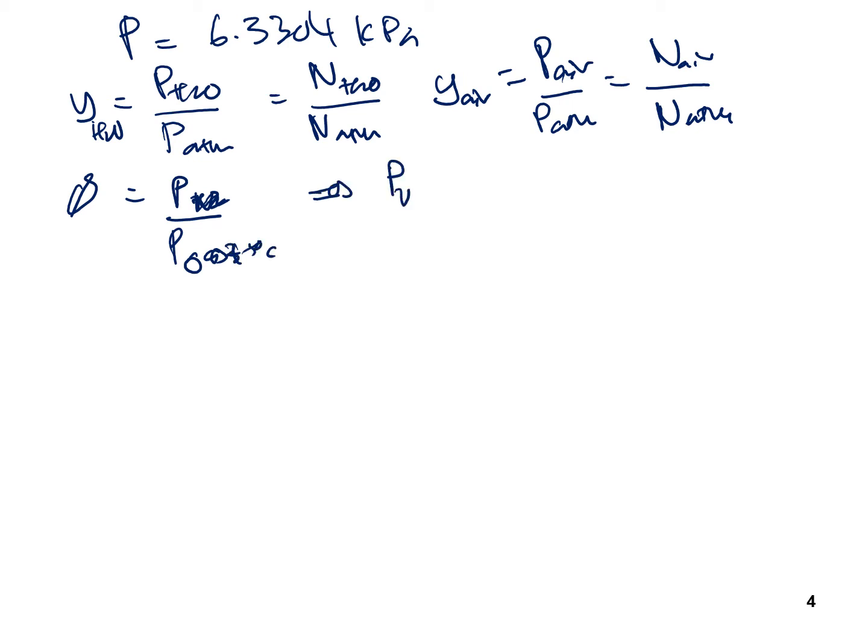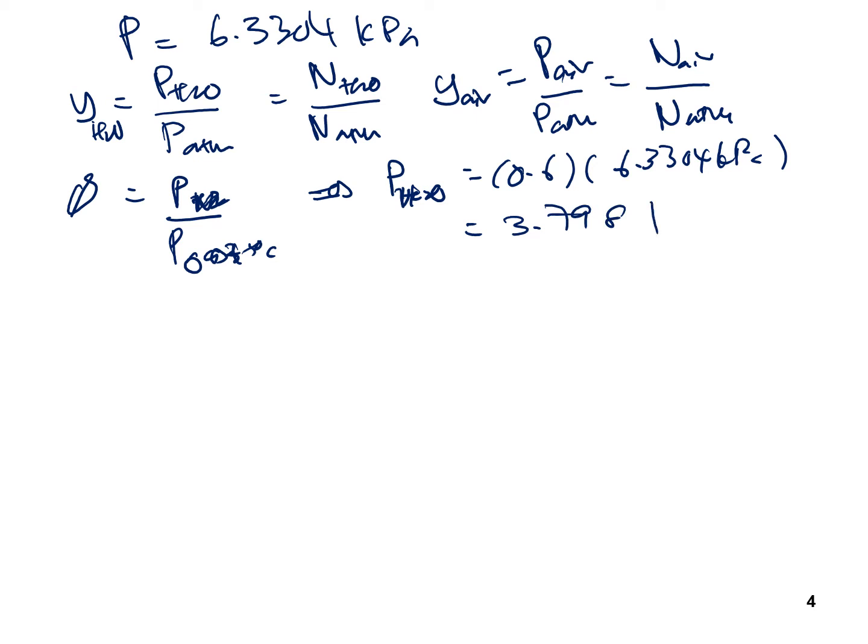So P H2O is equal to 0.6 times 6.3304 kPa, which equals 3.798 kilopascal.